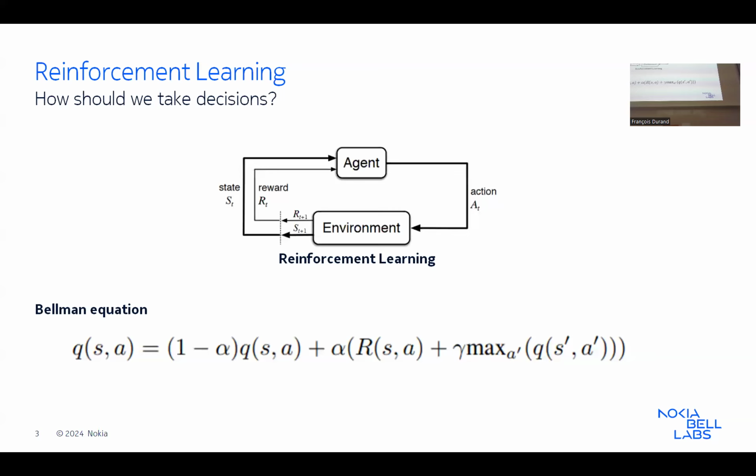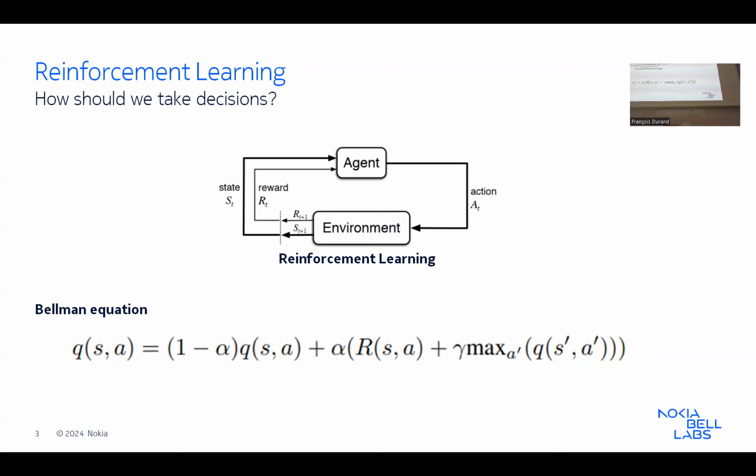That really comes out of the Bellman equations, because the name of the game here is to find an agent that maximizes the reward. And it's known that one way to do this is that in any state S, you take the action that maximizes the Q value.